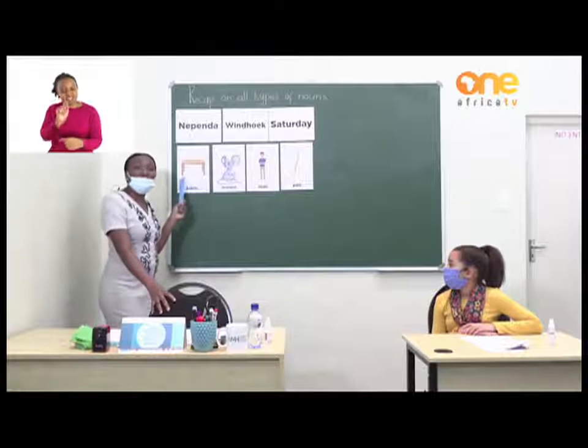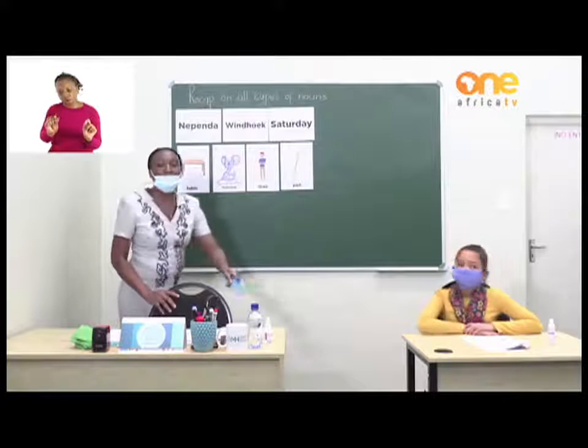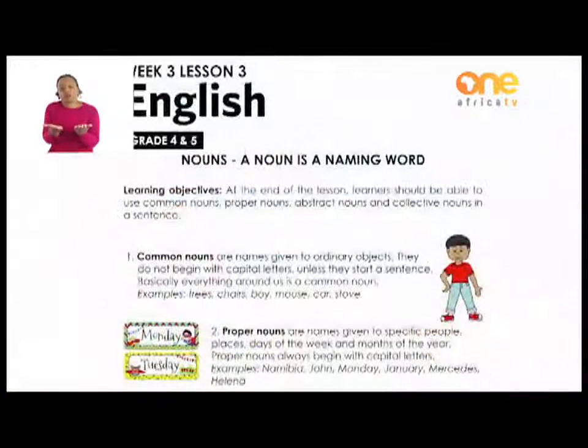All right, we are going to go back to our book, on the same page, page 3, and we are going to move on to abstract noun and collective noun. Chanel, can you still remember what an abstract noun is? Yippee. She can still remember.